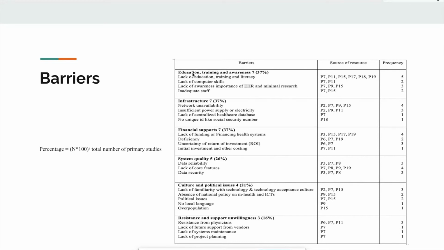For the first category, the value of n is 7, since 7 studies talked about this category. It is multiplied by 100, and then the result is divided by the total number of primary studies, which is a constant value, 19. This is how I define the percentage.